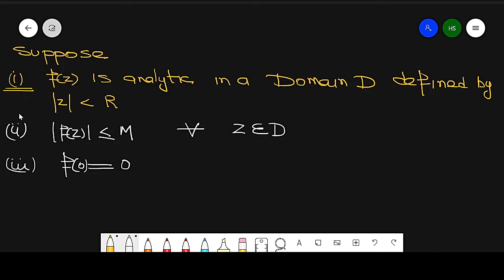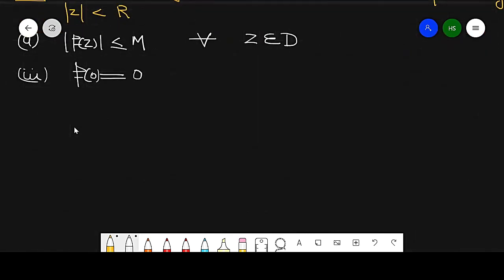If all the three conditions are satisfied, then modulus of f(z) is less than or equal to M by R into modulus of z.